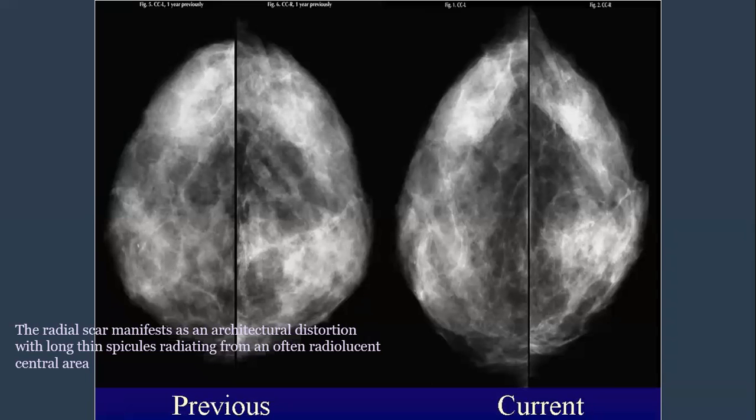Can you see the lesions? Where? This is the previous, and this is the current. So, a focal area of architectural distortion with long spicules seen on interval. Where exactly in this extremely dense breast? Right or left? Right.